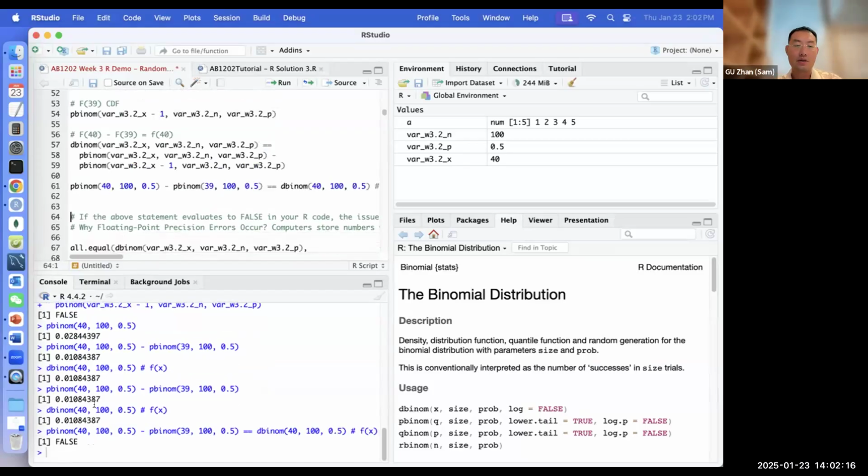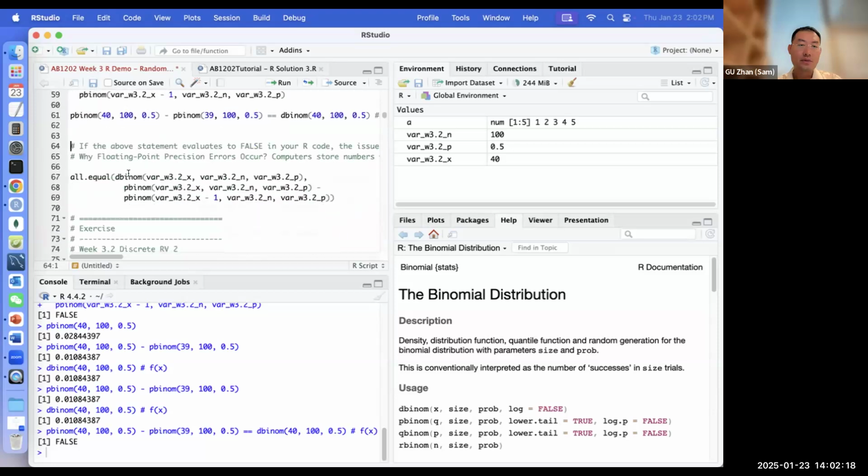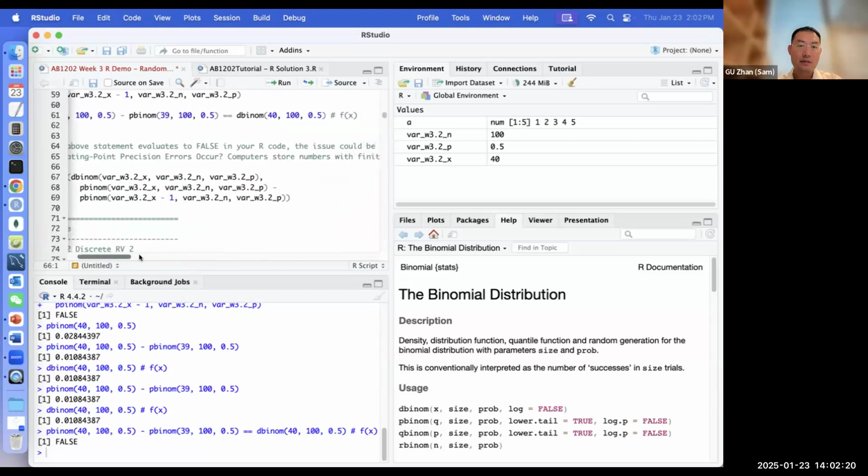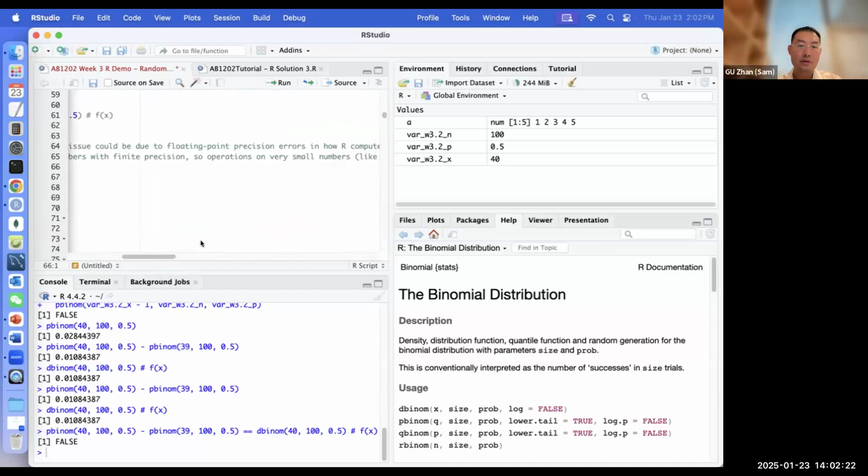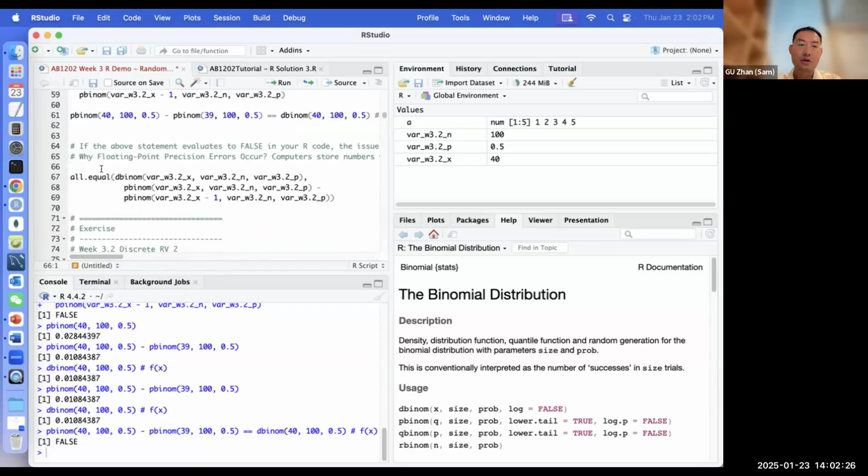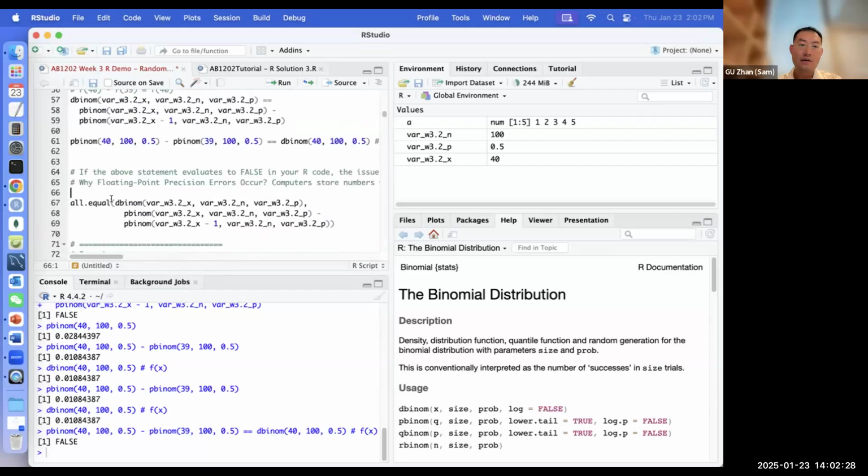Why is it false, although the two values are the same? It says it's because of the floating point precision errors in the R calculating engine. So to avoid these kinds of problems, you can use the all.equal function, just for information. There will be commas inside the parentheses.